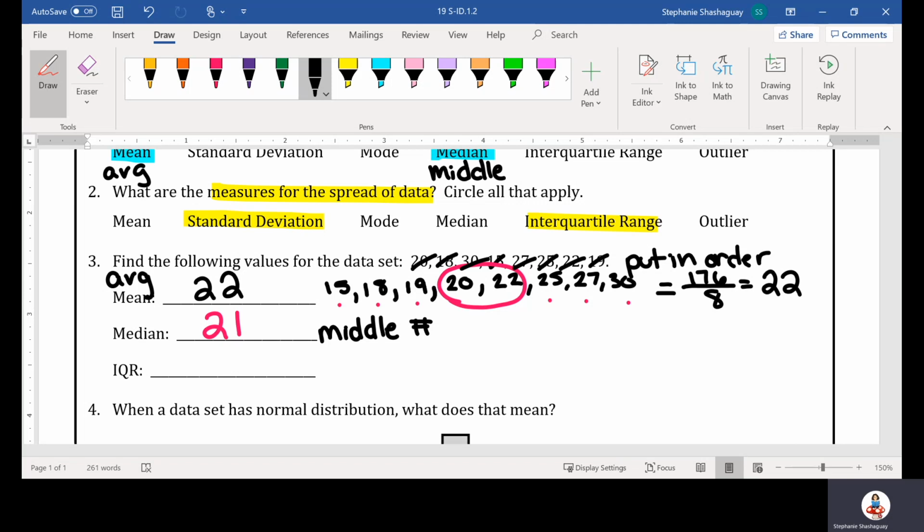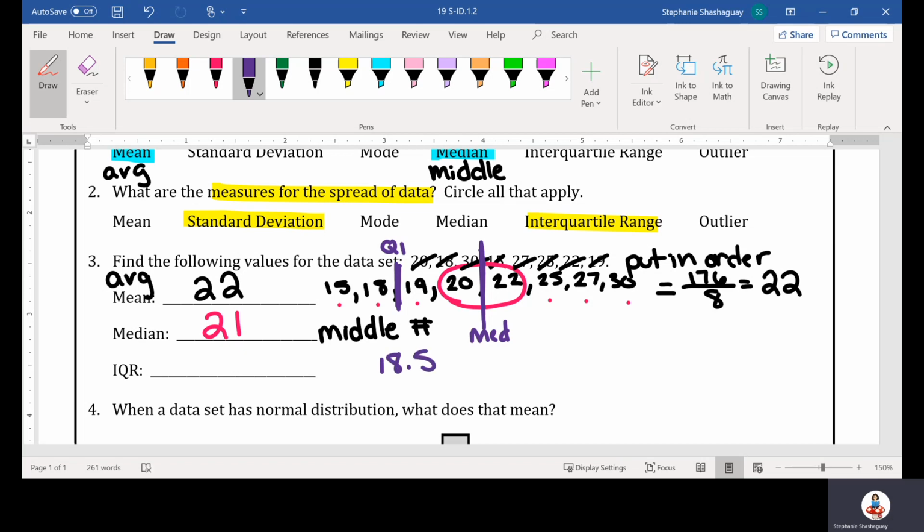To find our IQR, we have to split our data. So half of our data was in between 20 and 22. I'm going to do that in a different color. So that's the middle of our data. Our Q1 is going to be the middle of that, and the middle of that is going to be 18.5.